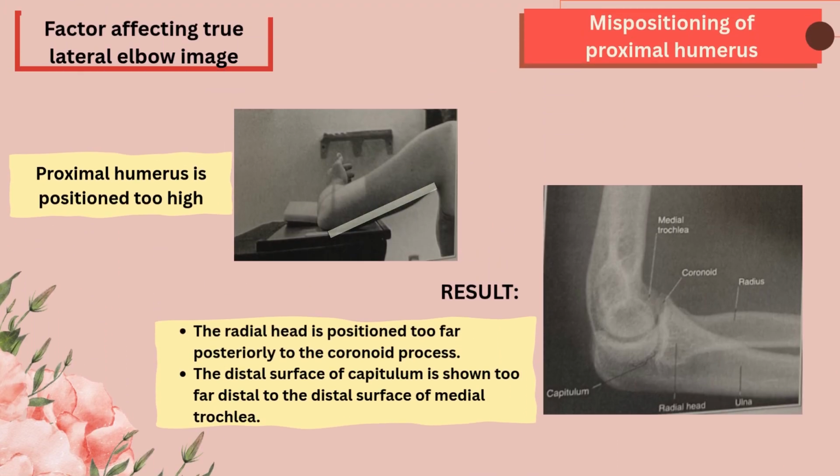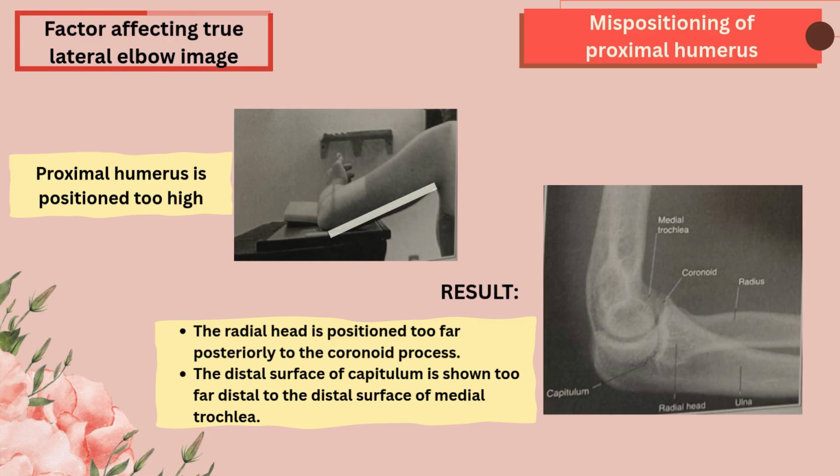In addition, mispositioning of the proximal humerus will also affect the true lateral image of the elbow. As we can see from the image, the radial head is positioned too far posteriorly on the coronoid process, and the distal surface of the capitulum is demonstrated too far distal to the distal surface of the medial trochlea, which indicates that the patient was positioned with the proximal humerus elevated.